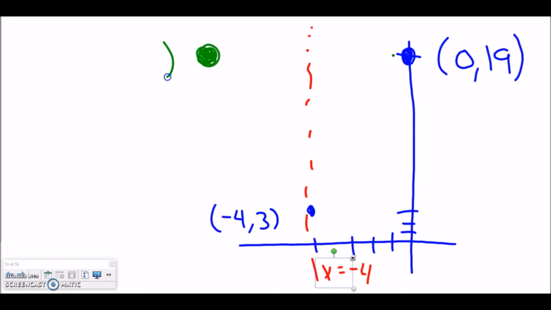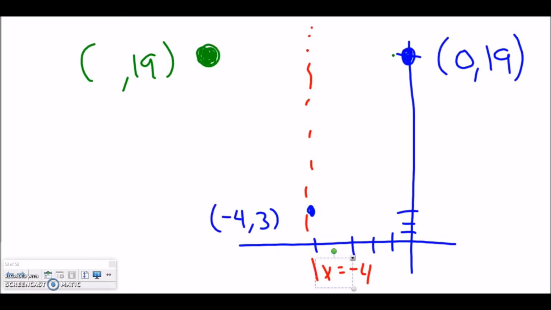Well, we know that it would be 19 high because it's the same height as our y-intercept. And what would the x-coordinate be?